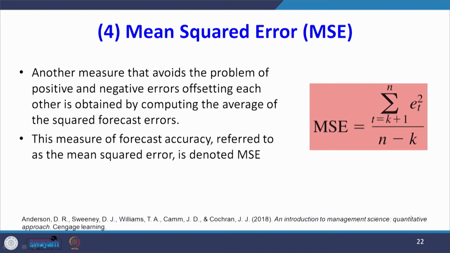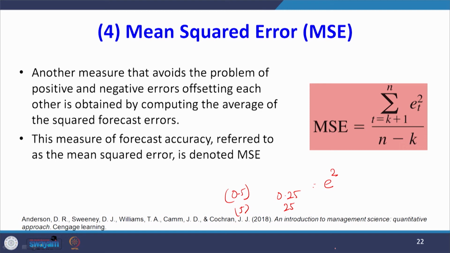There is a reason why we are squaring this error. Suppose the deviation is 0.5; when you square it, it becomes 0.25. If the error is 5, when you square it, it is 25. So, the advantage of squaring is that it amplifies larger deviations. If there is a smaller deviation, the amplification is very small.